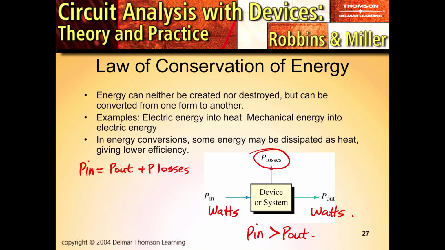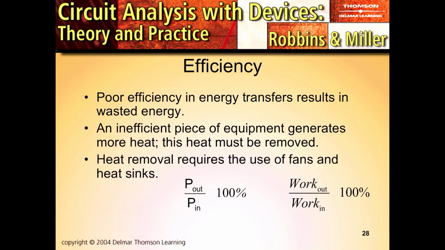So energy can neither be created nor destroyed, but can be converted from one form to another. Electric energy into heat is an example. Mechanical energy into electric energy, such as an alternator. So this is what we have.